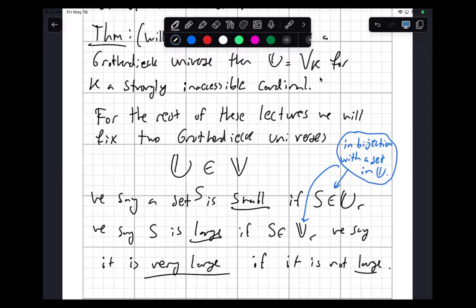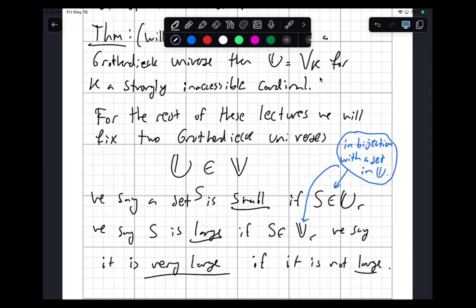Power sets, products, functions, unions, you can't get out of this set using any of those operations. But just to be clear, that means operations on elements of U, not operations on all of U. Exactly.